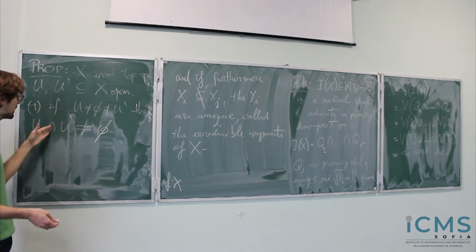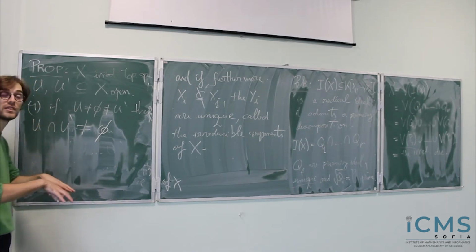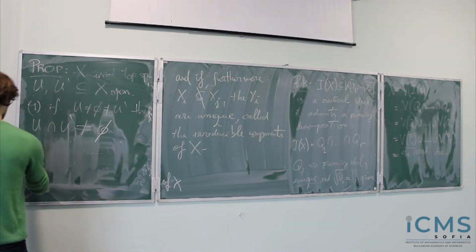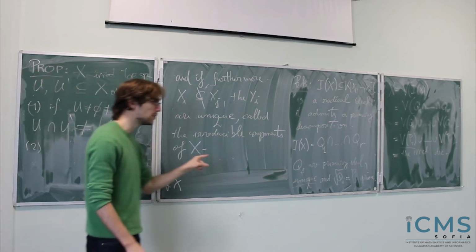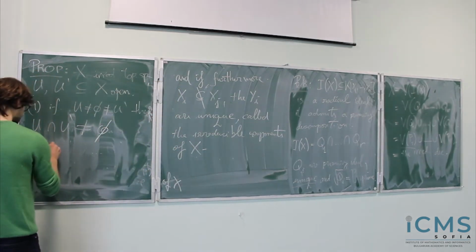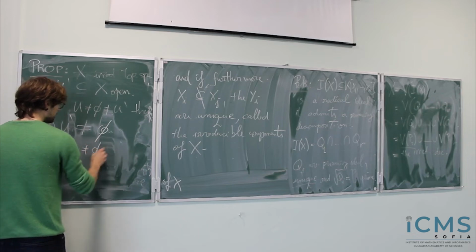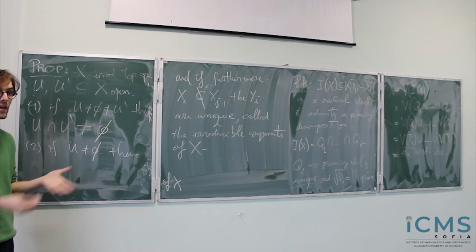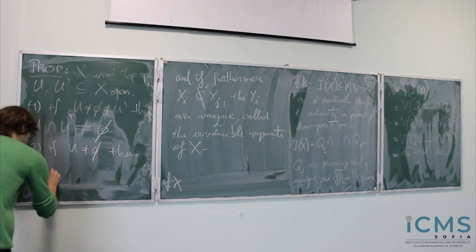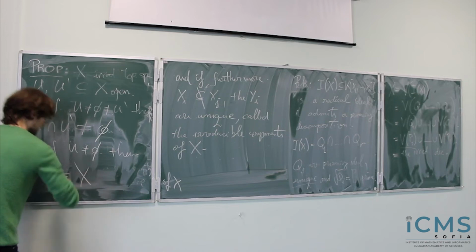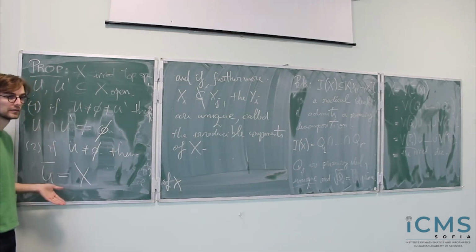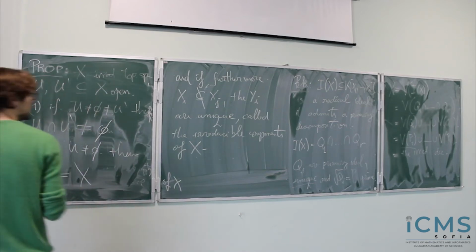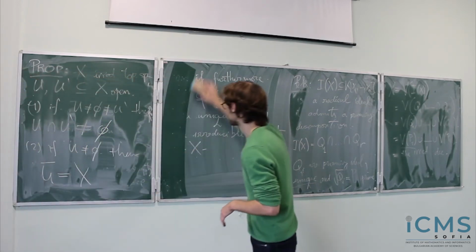And this can just be boiled back down to the definition of irreducible. You just need to take the complements of the opens and you just have the union of two closed sets. But this actually implies the second point, which means that if U is non-empty, then it is dense. This is why I was saying that open subsets are generally big. Right? Non-empty open sets are dense inside irreducible subsets. Okay.